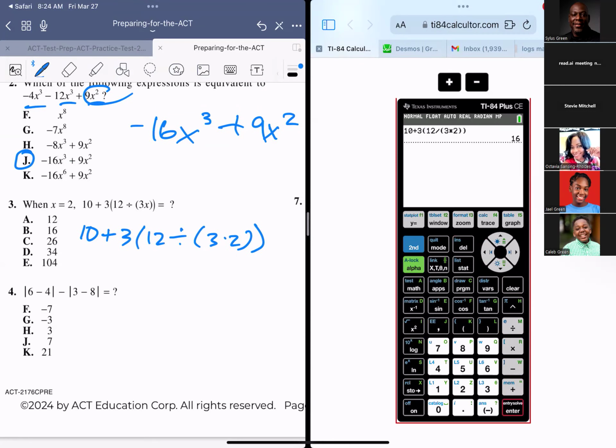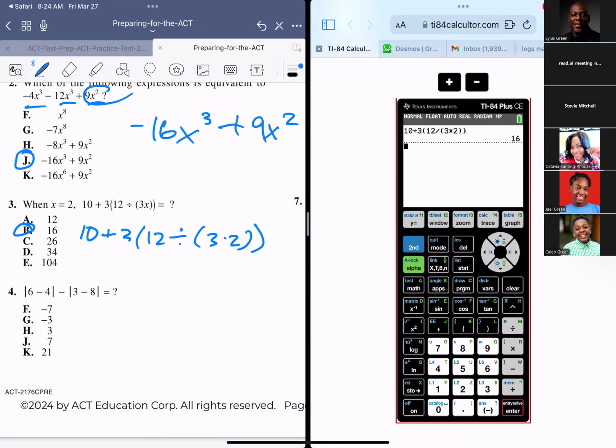And it will give you 16. And that's B. And even if you do it by hand, what's 12 divided by 3 times 2? 3 times 2 is 6. 12 divided by 6 is 2. 3 times 2 is 6. So 10 plus 6 is 16 as well. So that's another way you can do it if you wanted to do it by hand.